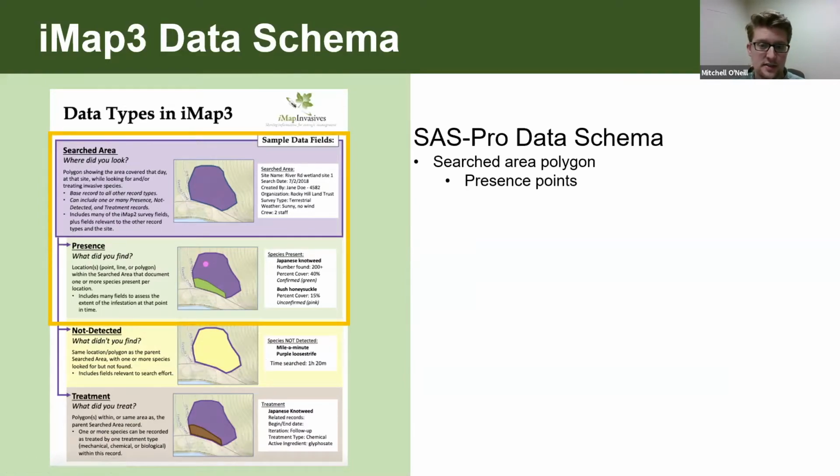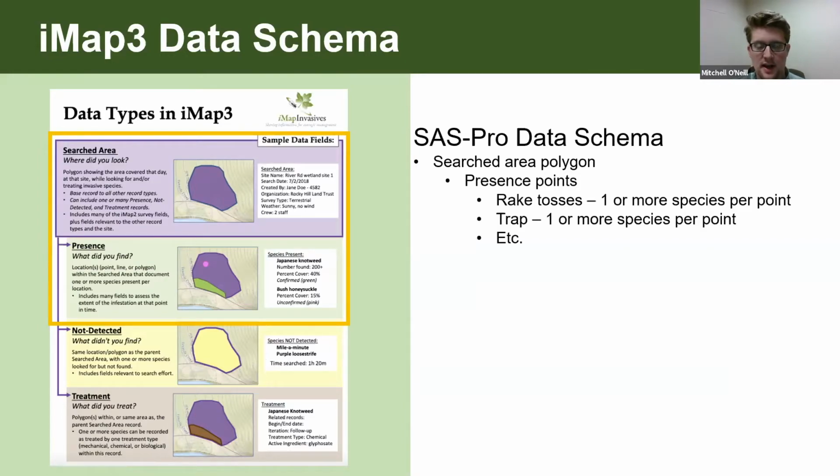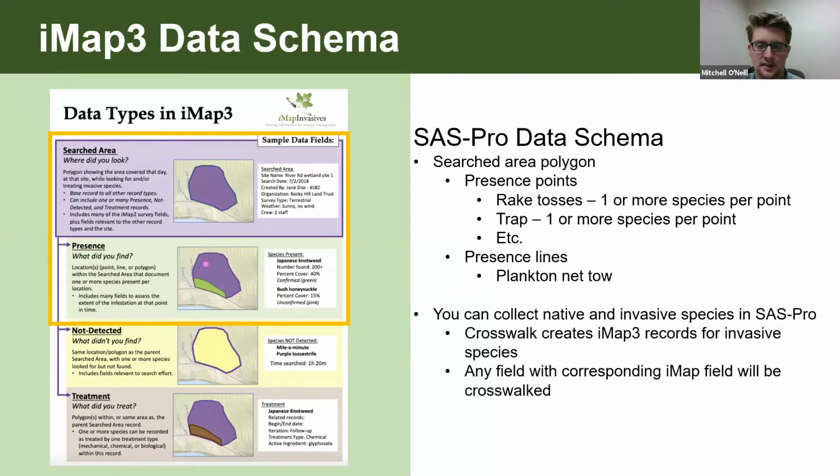So there's a searched area polygon, and within that you can record presence records. For example, you could have a point for a rake toss, which would then include a record for each of the species found at that rake toss. Likewise for traps and some of the other survey methods we have in SAS Pro. Plankton net tows are recorded as lines within that searched area polygon.